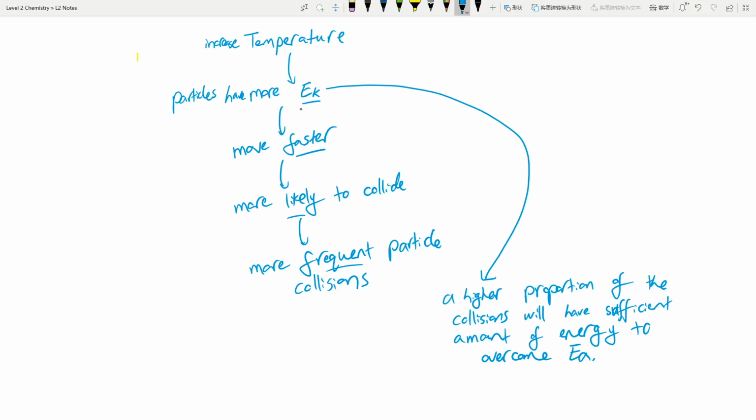Okay, so they're more likely to collide, and a higher percentage, a higher proportion of these collisions will have sufficient amount of energy to overcome the activation energy.